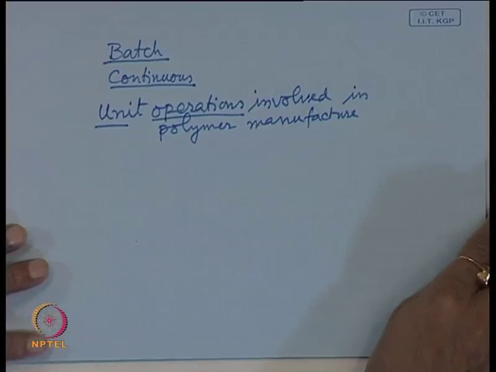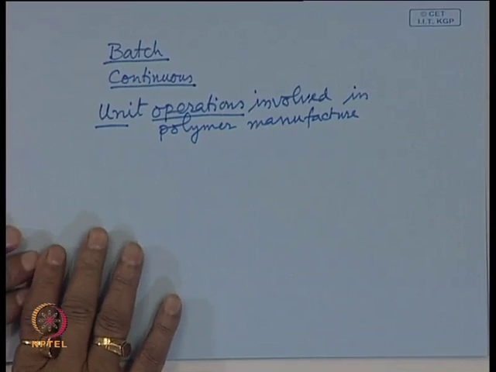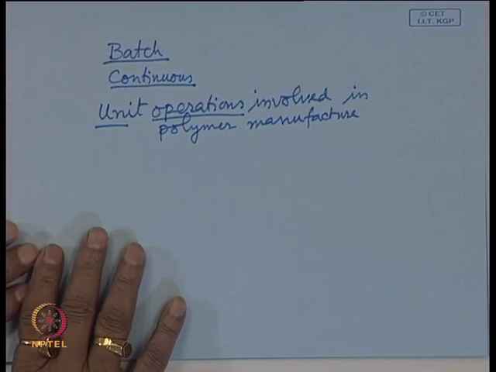These unit operations are the subject matter of chemical engineering. Unit operations may be mass transfer, heat transfer, separation, purification, distillation, size separation, size reduction like crushing, grinding, all these things.